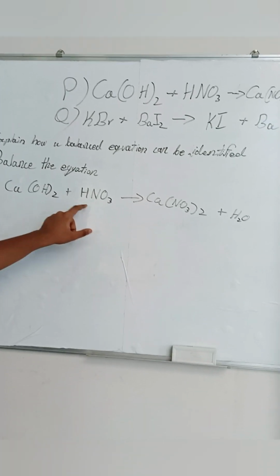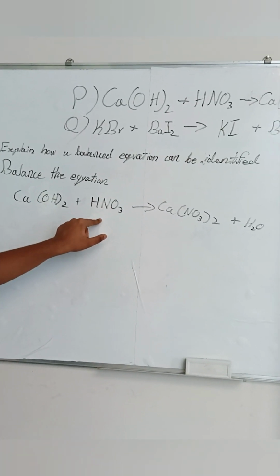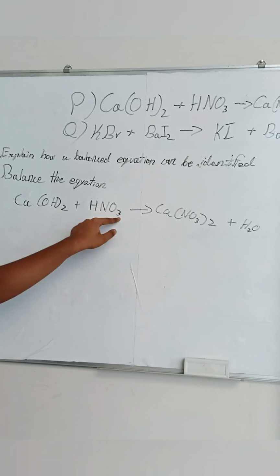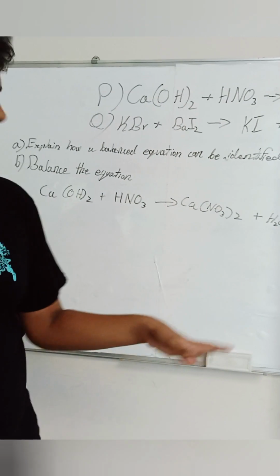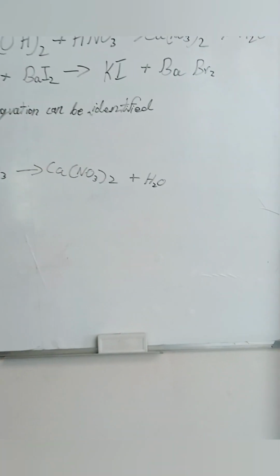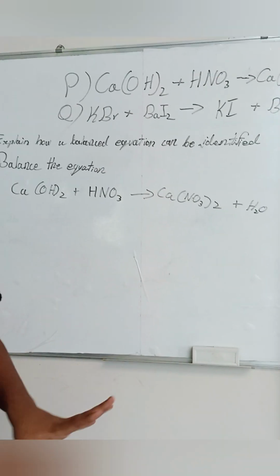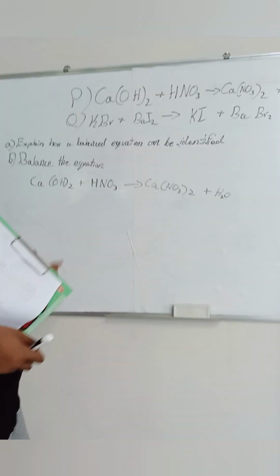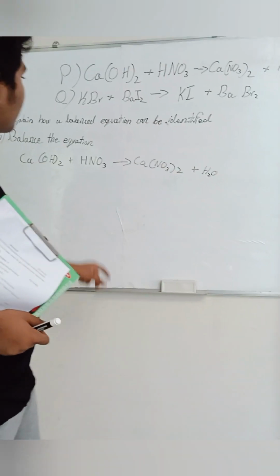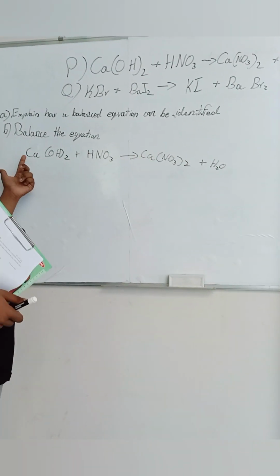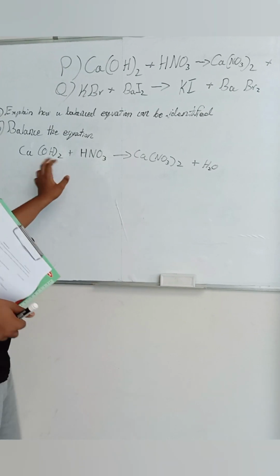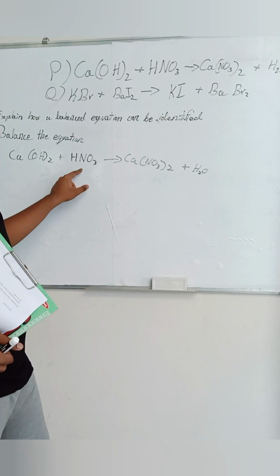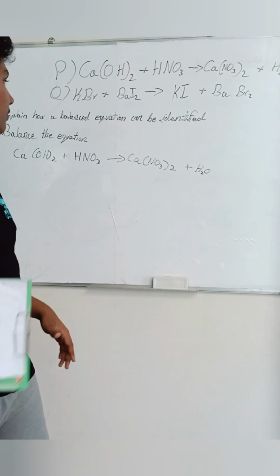As for this, H is 1, N is 1 and O is 3. So O, 2 plus 3, 5. H2 and H1, H3, right? N is 1 only. Now for the product side, Ca is 1, so this is equal, 1, 1. And here 2 is coming, so N2. So N1 and N2 is not equal.